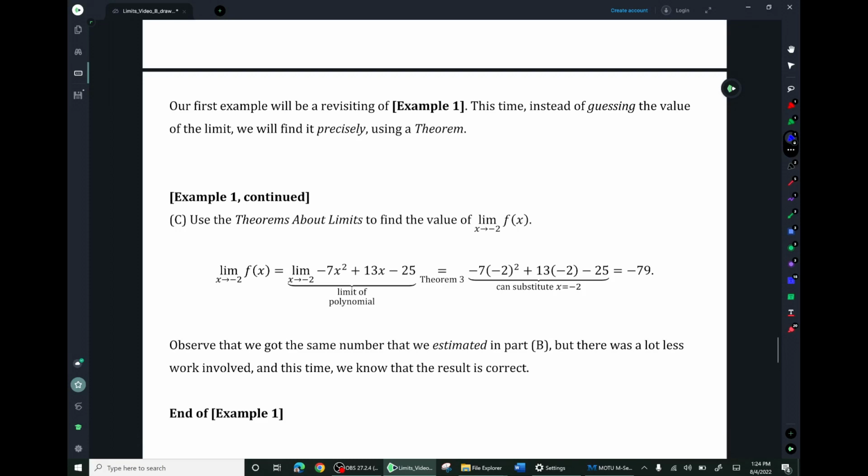Now I want to say one more thing about this question C. Remember that I said we start by putting the quantity that we're being asked to compute on the left. And then notice that I have a series of equal signs. There's an equal sign there, there's an equal sign there, there's an equal sign here, and then I have this number, -79. So you could think of this as sort of like an accordion that's expanded.